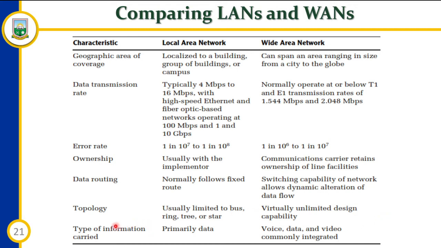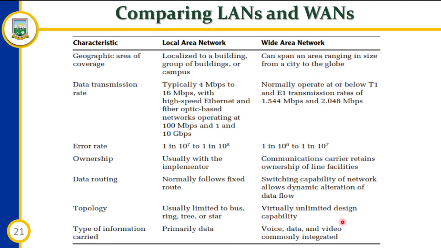We also have topology as a characteristic, usually such as the tree or star. You can see there's an introduction of a new topology, the tree. The tree looks more like that. The tree has a lot of branches. Previously I talked about the mesh being a combination of buses and so on.